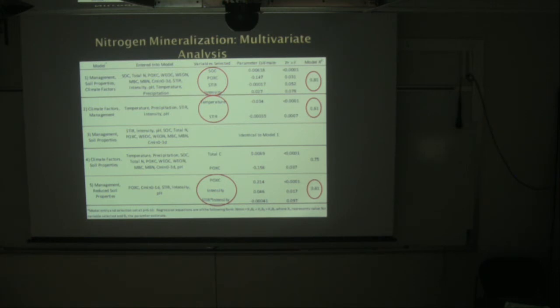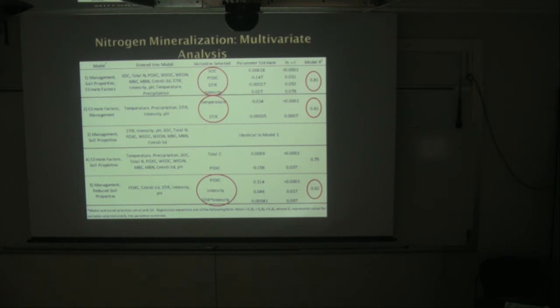And looking at just a model of climate factors and management factors, temperature and the stir rating, the tillage intensity, were able to explain 61% of the variation in mineralization across the study area.